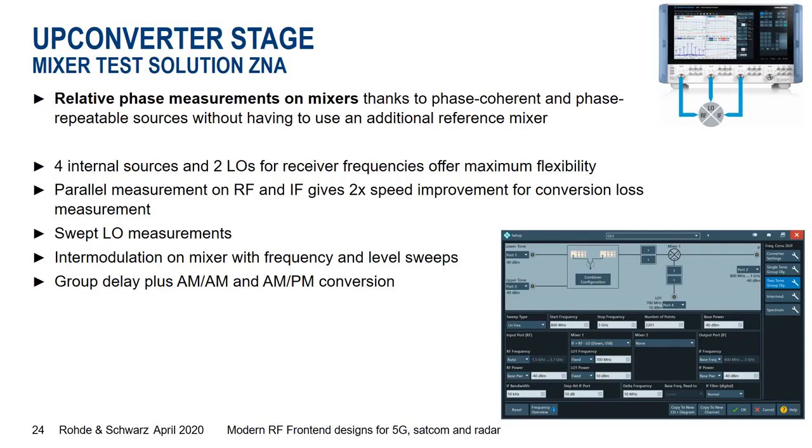Not so with the new VNA ZNA from Rohde & Schwarz. It is able to have a coherent mode, even between different frequencies, and it is able to understand the different phase relationship between the two paths. And with its multiple LOs, it also offers a high-speed improvement over classic measurement approaches.